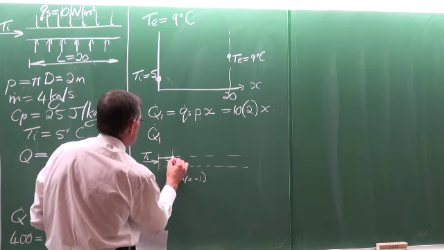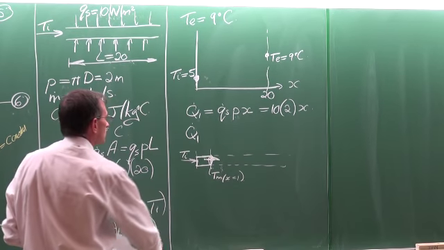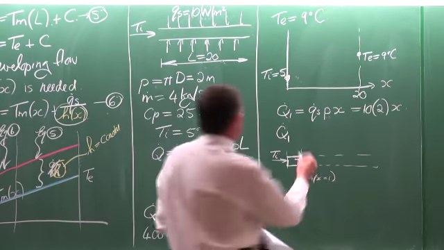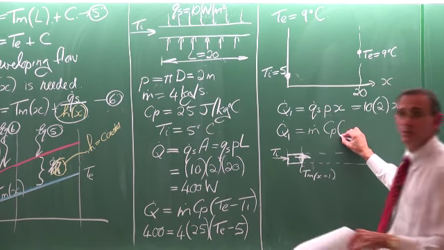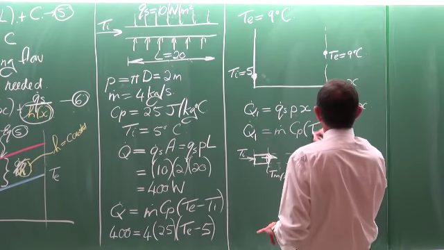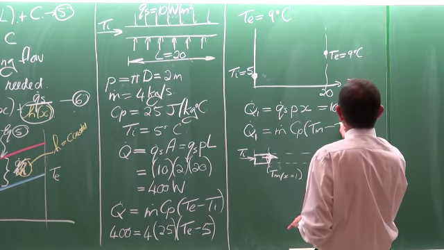So that is our tube, just 1 meter of it. That would be equal to the mass flow rate multiplied by Cp multiplied by Tm, the mean temperature, minus the inlet temperature.